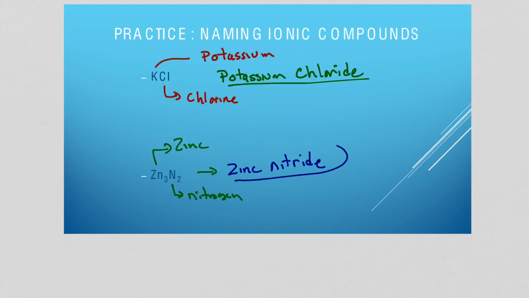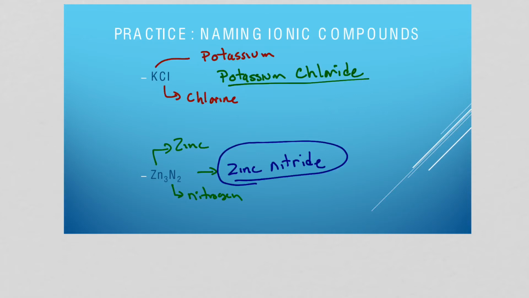And so the name here becomes zinc nitride. Now notice zinc, it's one of those couple special transition metals that only forms one charge, so I don't need to specify that zinc is a positive 2 charge. I know that it's a positive 2, and that's why the formula is the way it is.